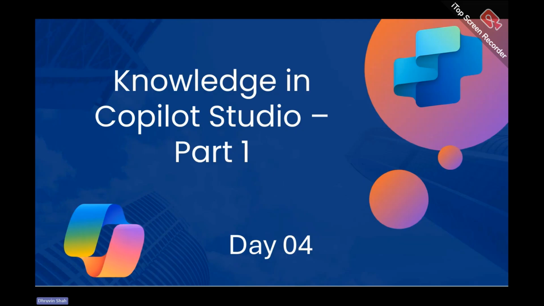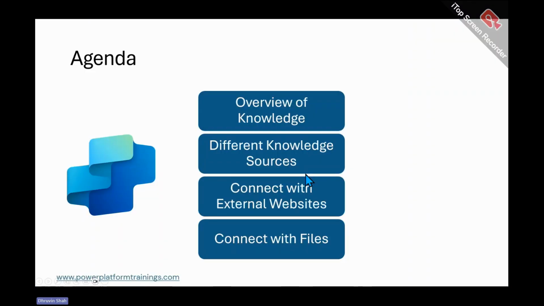Now, in this class, specifically, we will focus on the knowledge sources. First, let's try to understand what a knowledge source is. We will start with the overview of the knowledge source. We'll talk about what different kinds of knowledge sources you can configure in the world of Copilot Studio. Also, we will take another use case in today's episode, a text agent that we are going to build for a specific need.